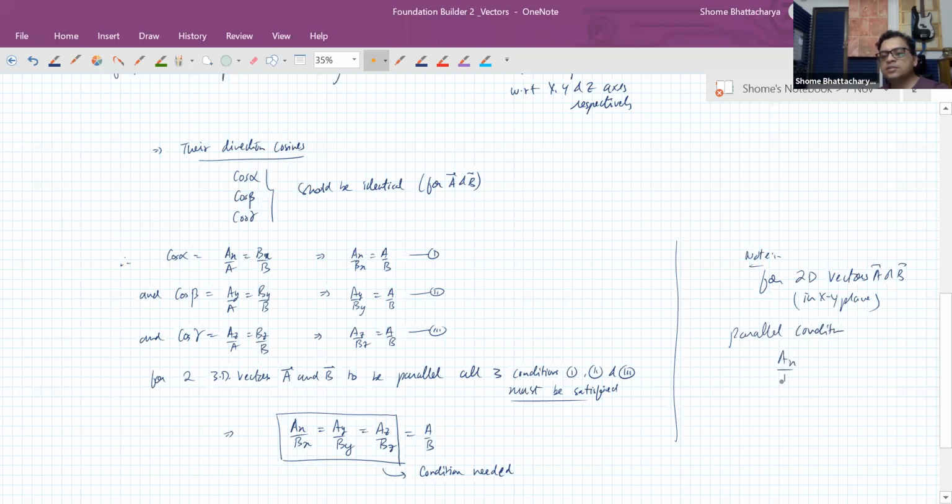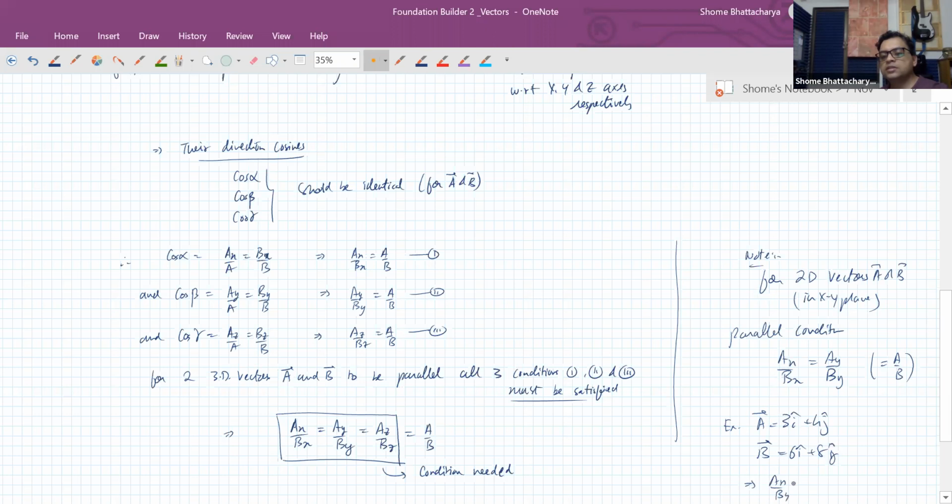It just becomes Ax upon Bx should be equal to Ay upon By, and that only becomes equal to A by B. So you can see in that example, so you can see that here this was happening.